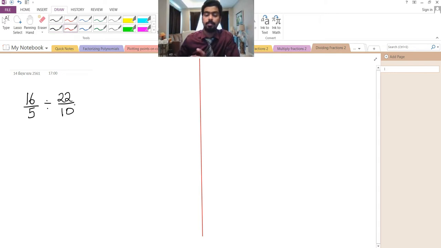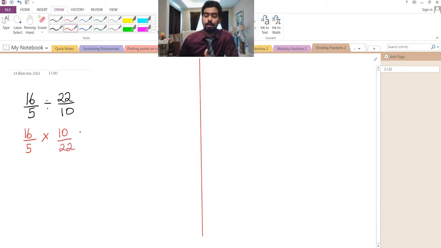But guys, step number 1 again, the first fraction remains the same. So 16 over 5 will still remain as 16 over 5. The division sign changes to multiplication. Then we flip our numerator and denominator. So we would have 10 over 22.